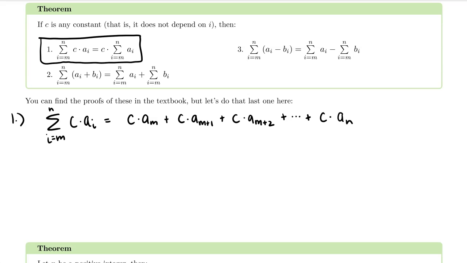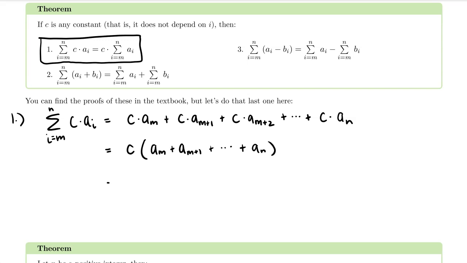Now notice that all of these terms have a constant in common, which means that we can factor that constant c out, and that would leave us with a sub m plus a sub m plus 1 all the way up until a sub n.